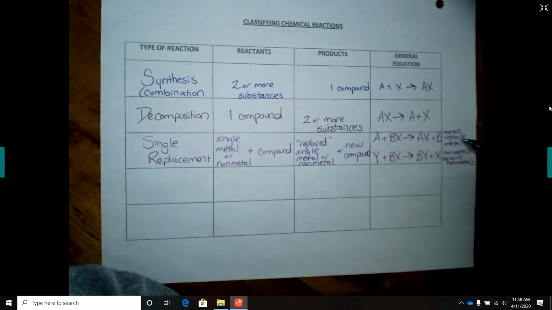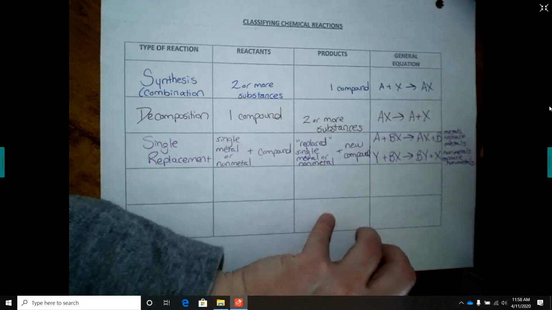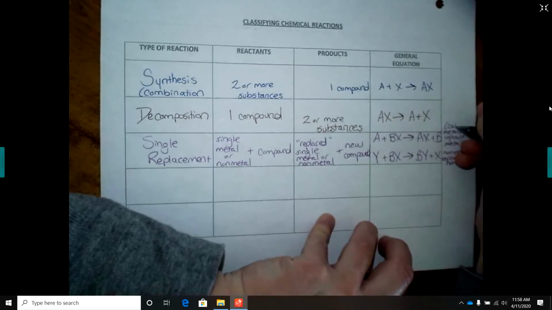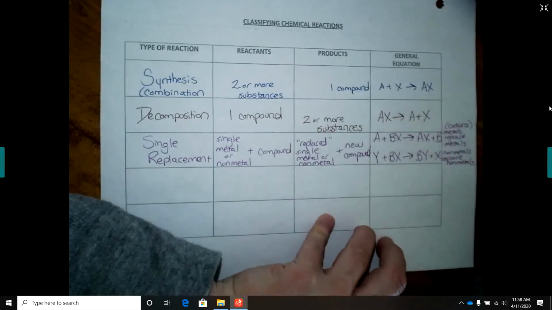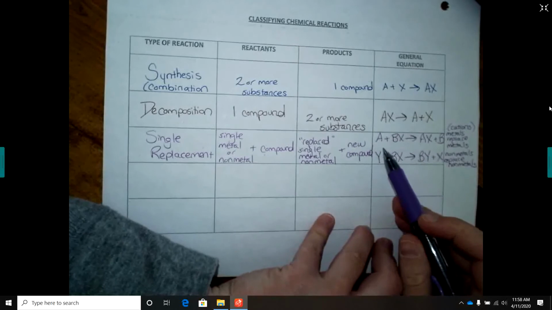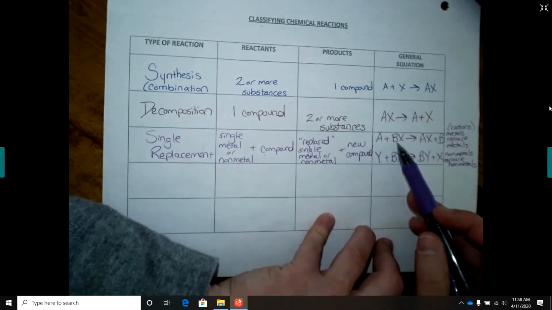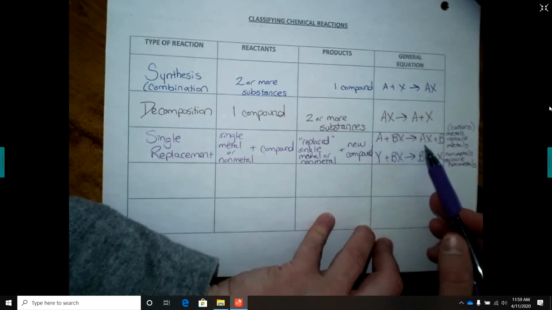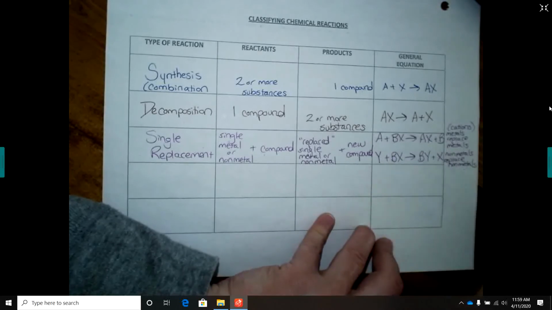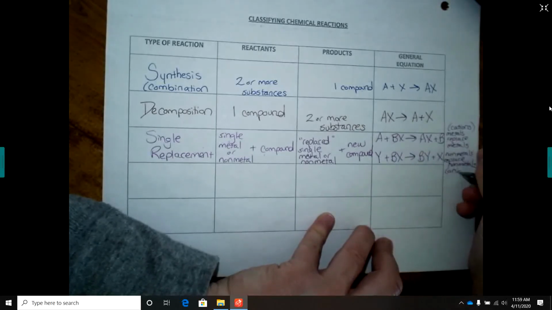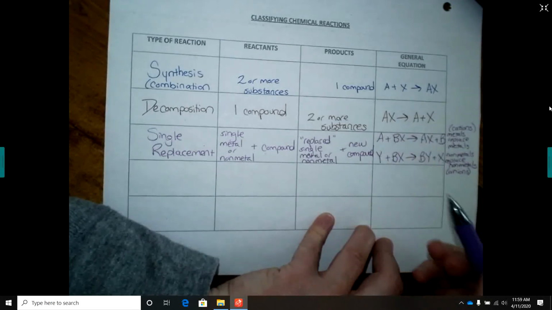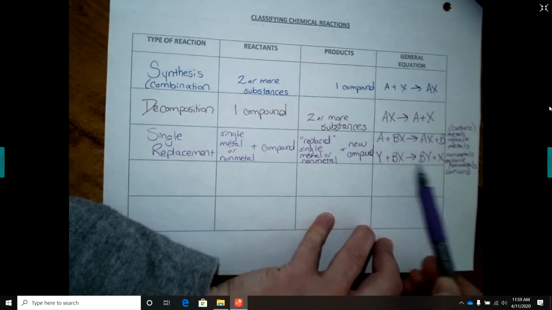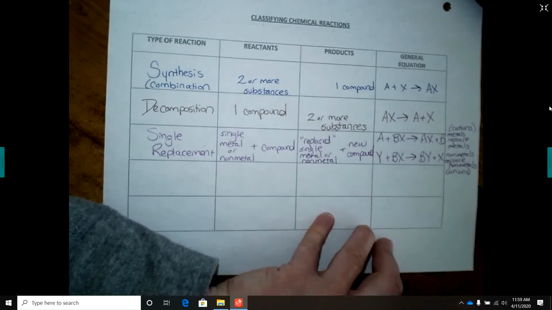And just keep in mind that metals always serve as cations. So I'm going to put cations in parentheses because for this type of single replacement reaction, cations are replacing other cations. You'll notice that B and A are always in front of X because cations always come first. And then for nonmetals replacing nonmetals, that's anions. Anions are negative. They always come second in the compound. So that's why you see X and Y always coming after B.